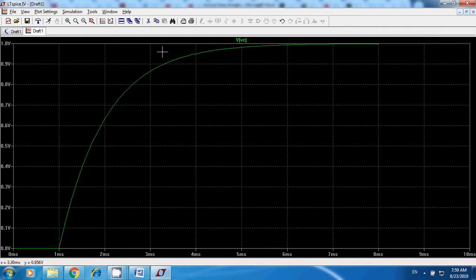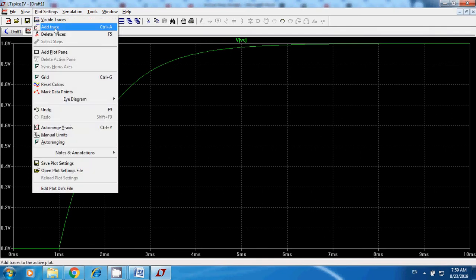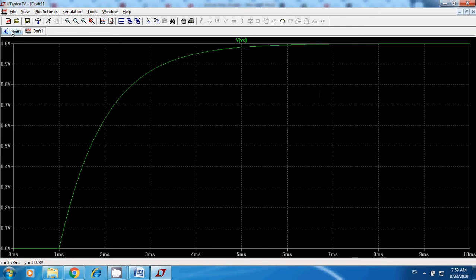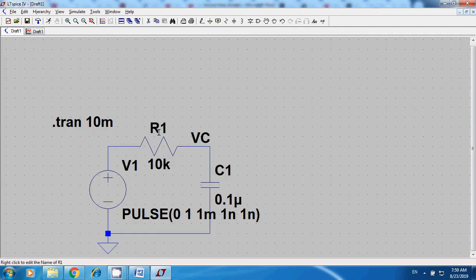And you also will be able to add trace, right? Plot setting, you go to add trace. You also want to look for the voltage drop across the resistor. Now you have a problem, because the voltage drop across the resistor is going to be what?